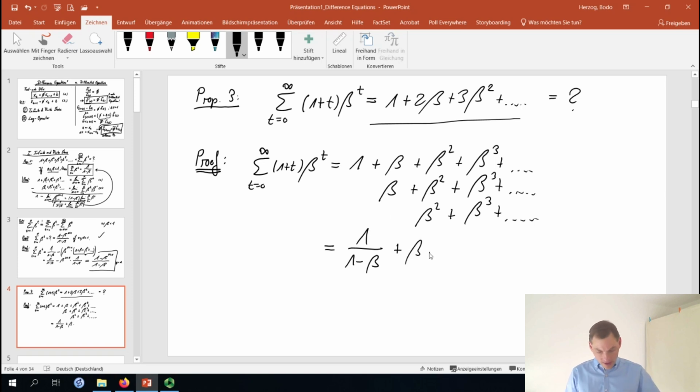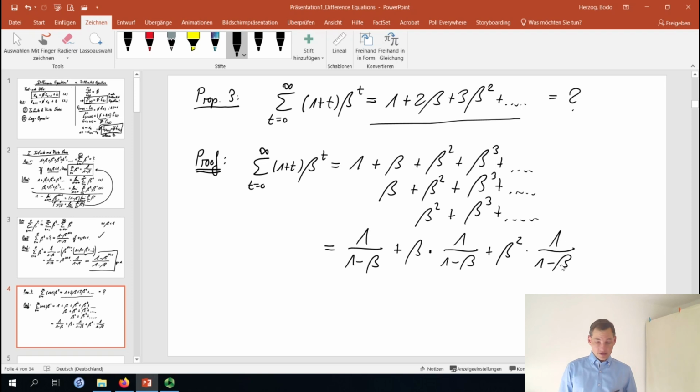If I factor out a beta term, of course I have 1 plus beta plus beta squared, which is also an infinite series. So this is also 1 over 1 minus beta. And of course, here I can also factor out a beta squared, and then I have 1 plus beta and so on. And this is an infinite series, which is again 1 over 1 minus beta.